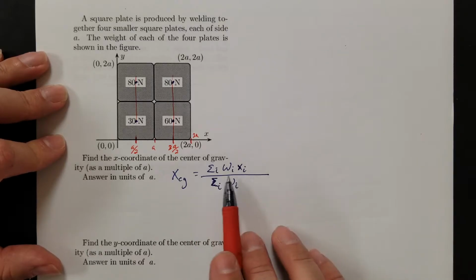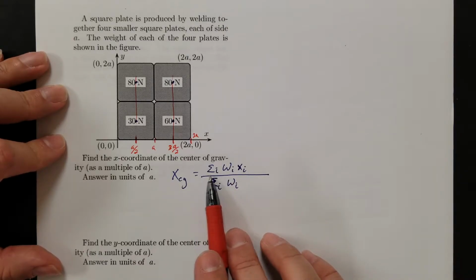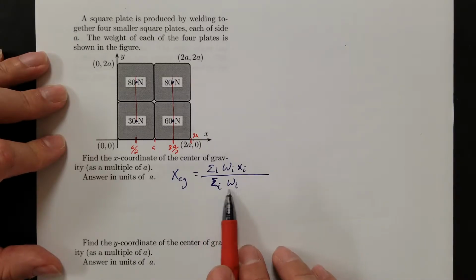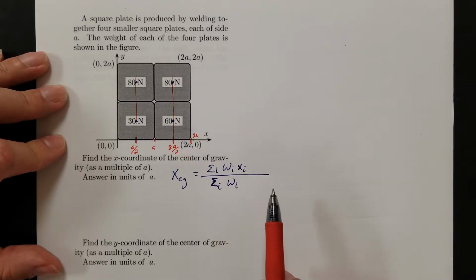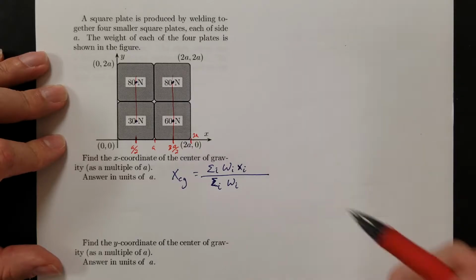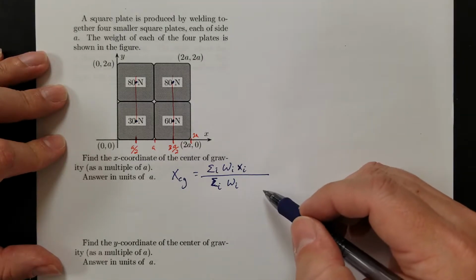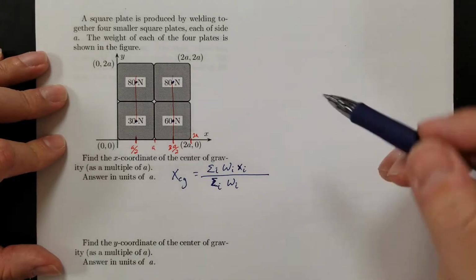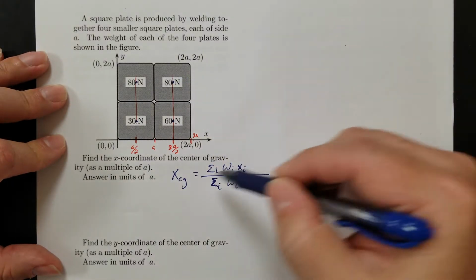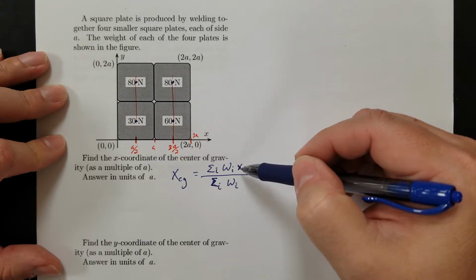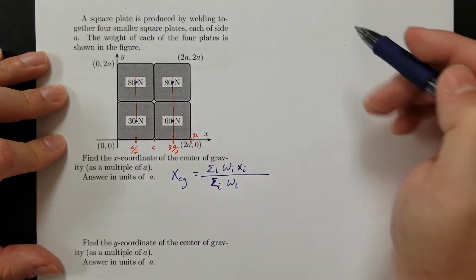So this little summation basically means I'm taking the sum of each w times its x component, divided by the sum of all the w's. Let's look at how to do the x component. There are 4 of these I need to get.